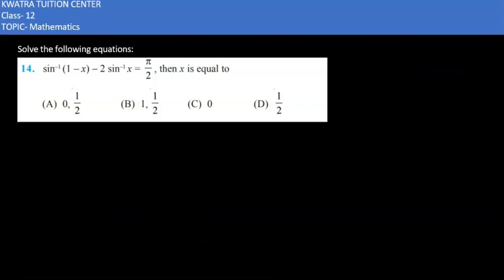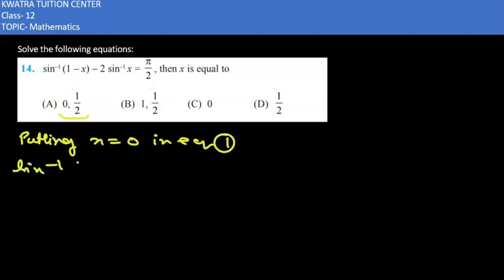As we can see, in option A we have these two values, but we have to check the roots whether they are correct or not. This is our verification part. On putting x is equal to 0 in equation 1, we get sine inverse 1 minus 2 sine inverse 0, which should be equal to pi by 2.